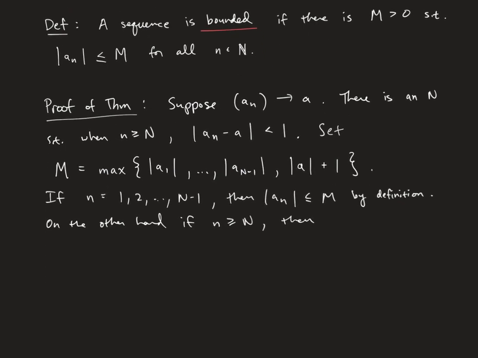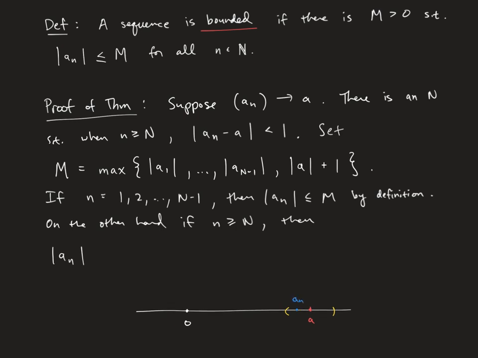then, well, let's see, we have to somehow bound the absolute value of an. So let's think about this. We have 0 here, and here's our limit point a, and we have a neighborhood around that, and we have one of our an's that is in here, right?